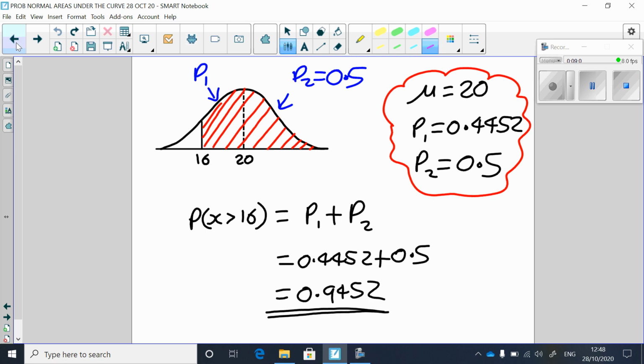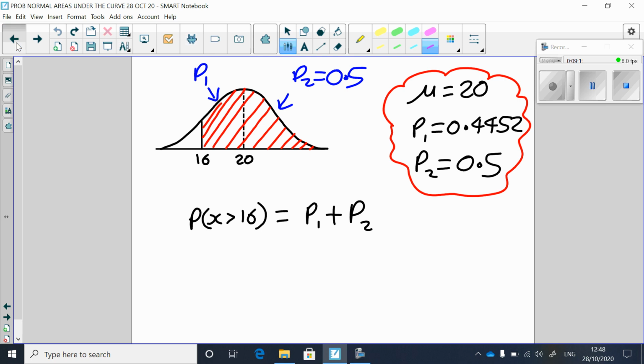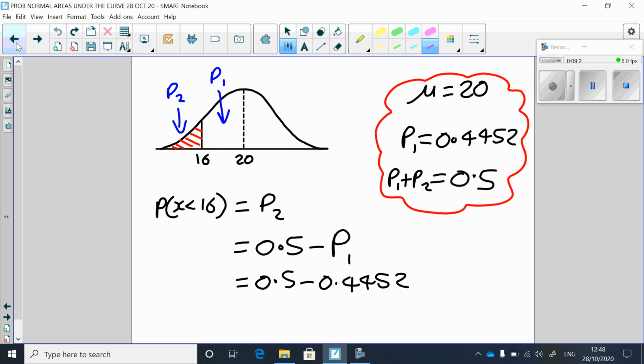This one has two areas either side of the mean. P1, because it's not the entire half of the curve, we have to evaluate using our z-score. P2 is half the curve, so again we're adding. Here a tail ender, so very quickly, tail enders are always a half takeaway, and P1 is immediately to the left of the mean, that's why it's a table value.